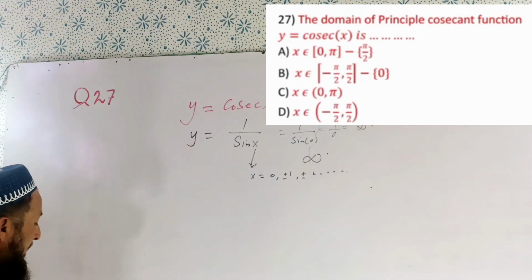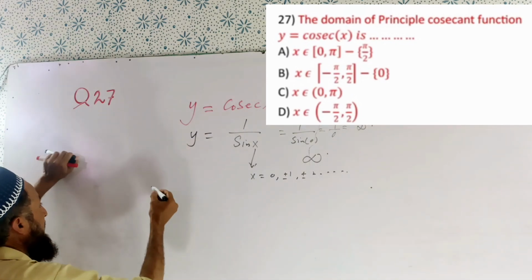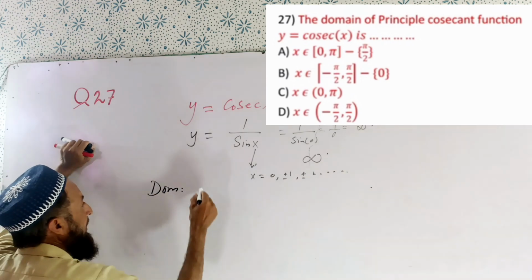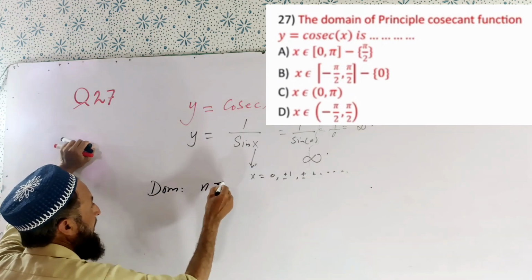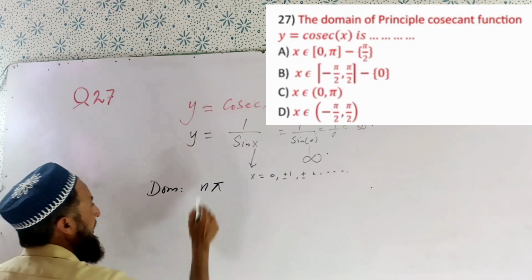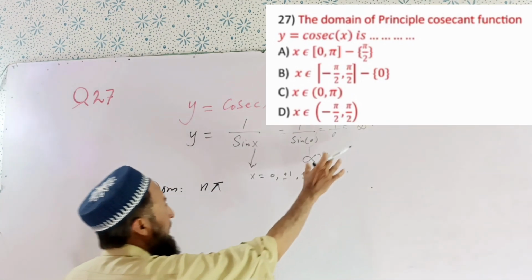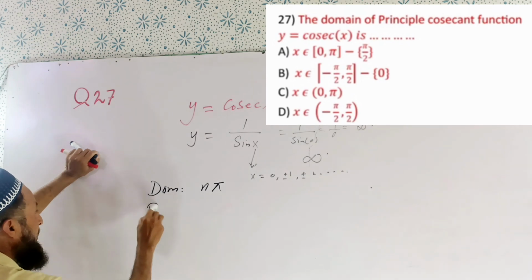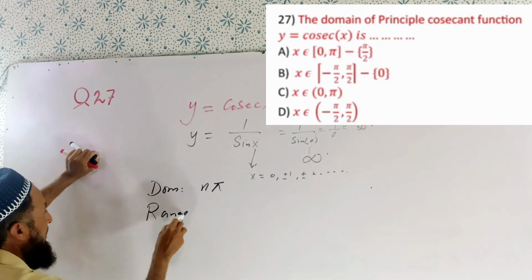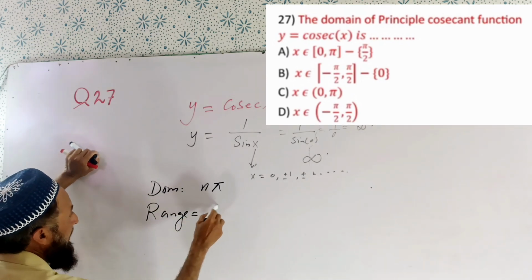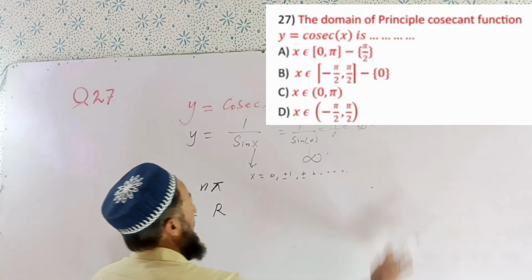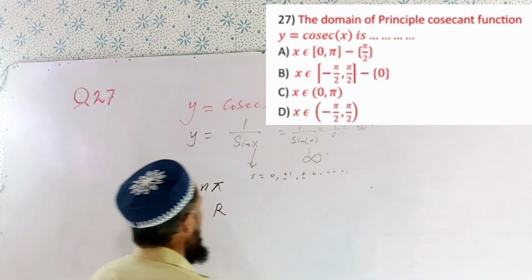So the domain of this function will be n pi. If we put n pi, the function does not exist. And if we find the range, all real numbers are accepted.